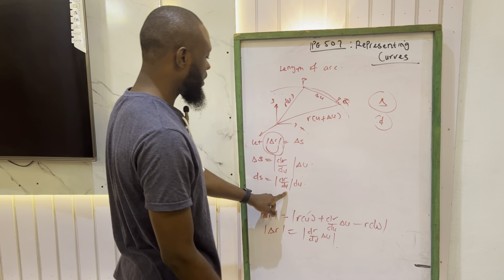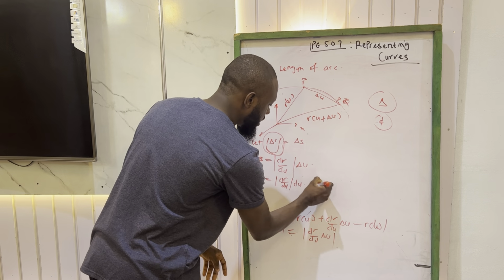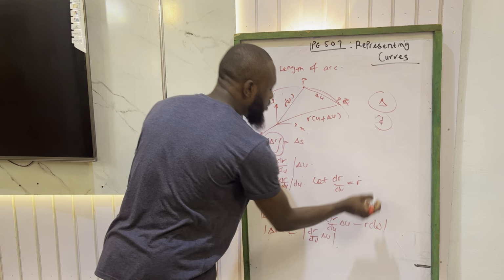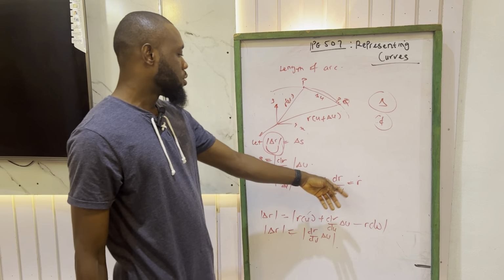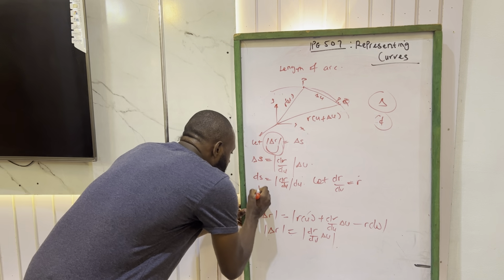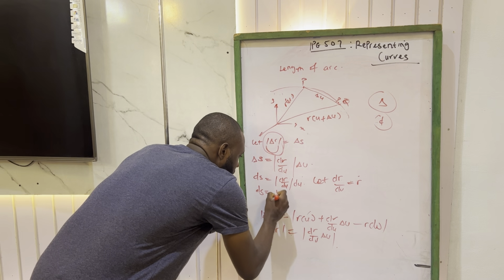Then just to simplify things, we can let the R du be the same thing as R of U. We are all familiar with this. So that this represents this, so that our ds becomes simpler. That's the whole point.